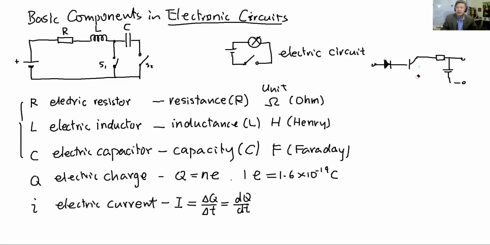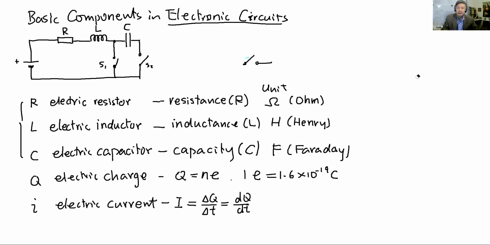Now we have also mentioned how this symbol is related to the physical structure. For the resistor, the easiest shape is a cylinder. That's the physical dimension. So what is the physical structure of the resistor?